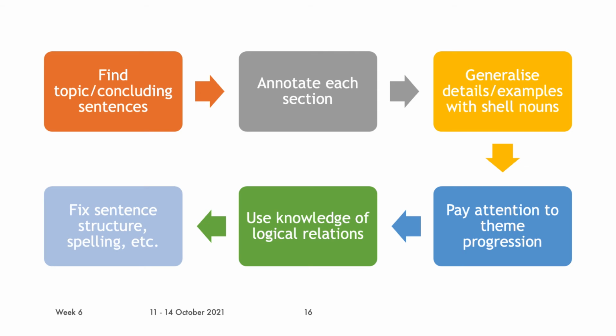And you use knowledge of logical relations, for example, cause and effect, concession, although, however, but, adding new points, in addition, showing purpose, for the purpose of, and so on and so forth. And you may want to do the editing at the end of the process.